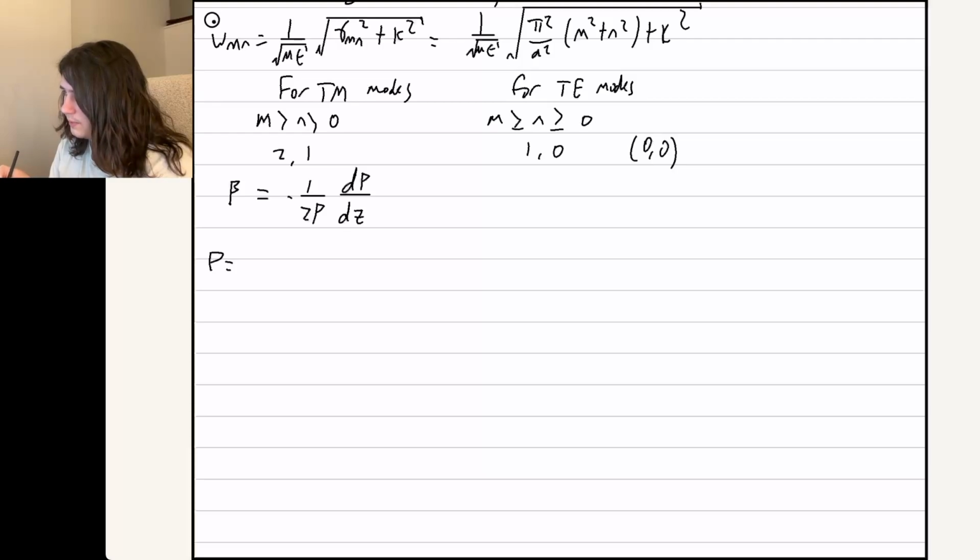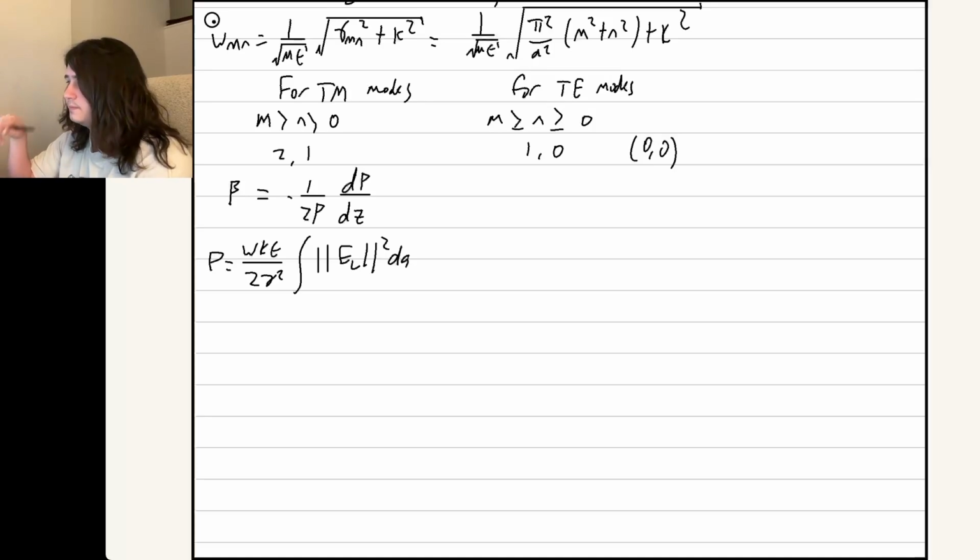In general, the power will be omega k epsilon over 2 gamma squared times the integral of the square modulus of your longitudinal electric field over the area, right? So remember we got for our TM mode, we had omega_mn k.